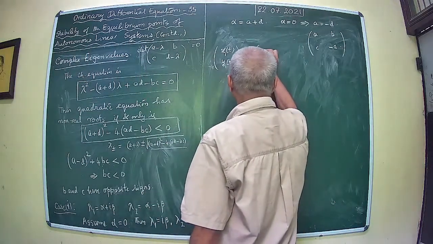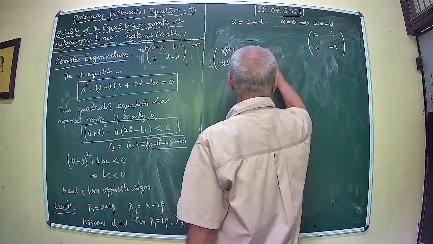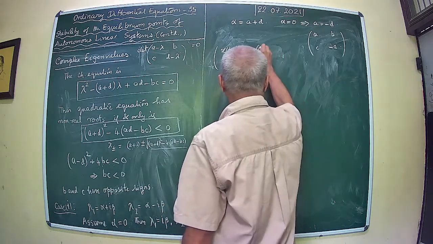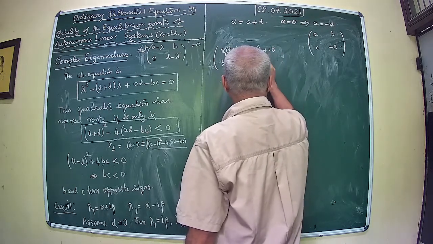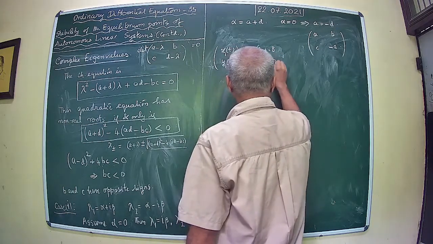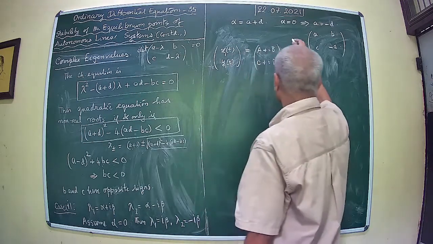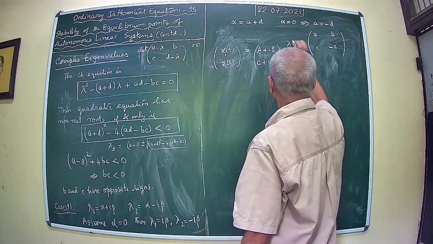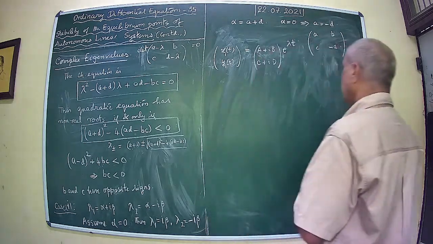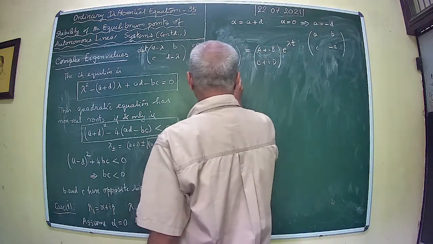Let me write this a plus ib. No, let me use this a plus ib, c plus id, e to the power... What is x2, y2?